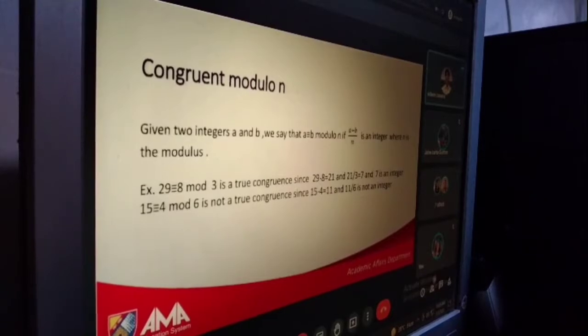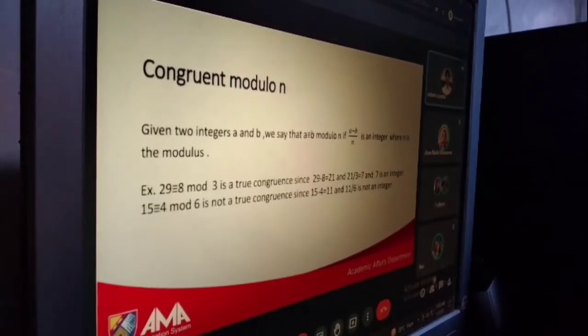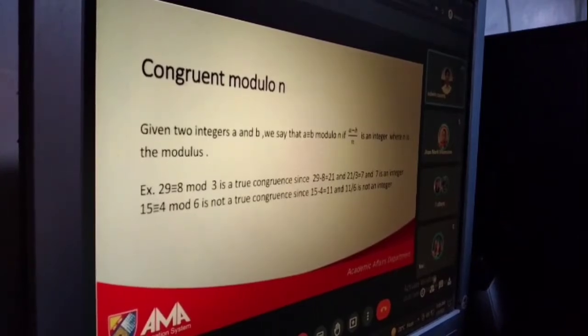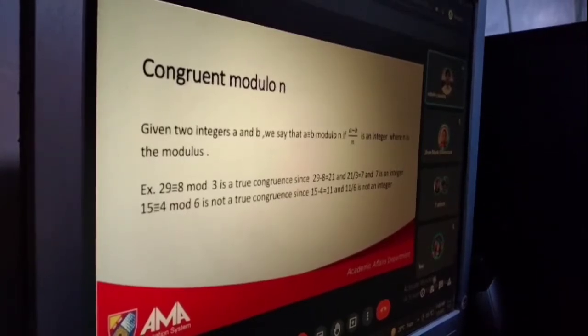Okay. Using the formula of A minus B over n, 29 minus 8 is 21 divided by 3. The answer is ilan? 3? Di ba? 21 divided by 3, the answer is 7, and 7 is an integer.